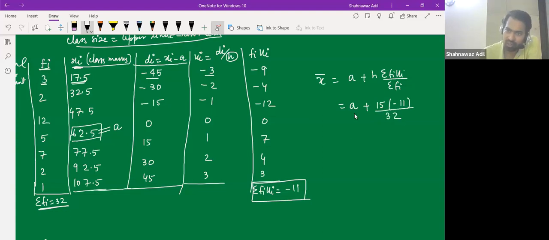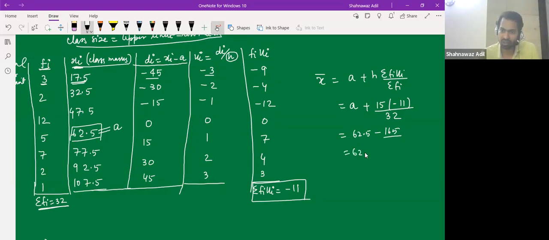So how much is that? A is 62.5, right? So minus of how much is 15 into 11? You guys have to do the multiplication, but I can use the calculator. So 165 divided by 32.